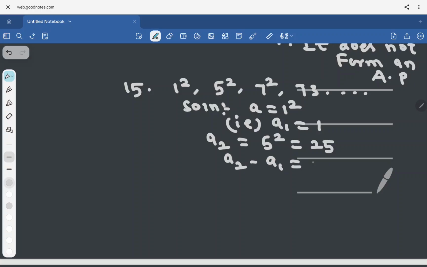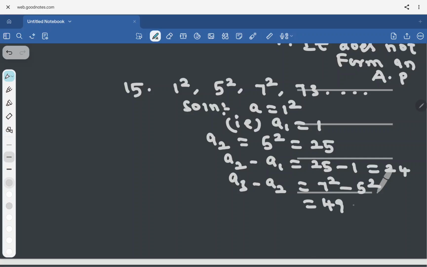Find a2 minus a1, 25 minus 1, 24. Find a3 minus a2, that is 7 square minus 5 square, 49 minus 25.